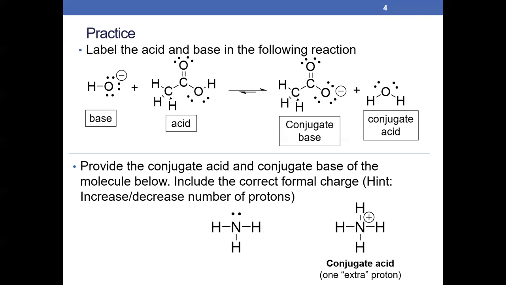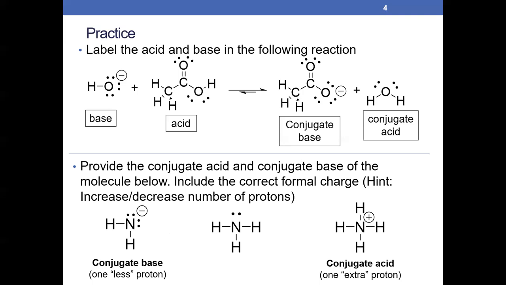Correspondingly, if I go from the ammonia to the conjugate base, I take 1 proton away, so I'm going to have the opposite charge. Same formal charge calculation: 5 minus, in this case, 2 sets of lone pairs, or 4 lone pair electrons, minus 1/2 of 4 electrons, because I have 2 bonds with 2 electrons in each.